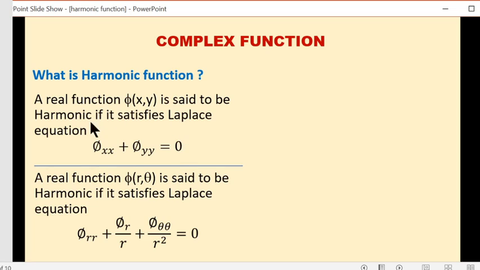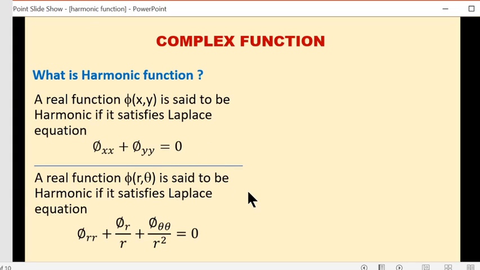If the function is in the Cartesian form, we check whether it satisfies the Laplace equation in the Cartesian form, and if it is in the polar form, we check whether it satisfies the Laplace equation in the polar form. If it satisfies the Laplace equation, then we say that the function is harmonic. So this was problem type 6 that we had seen.